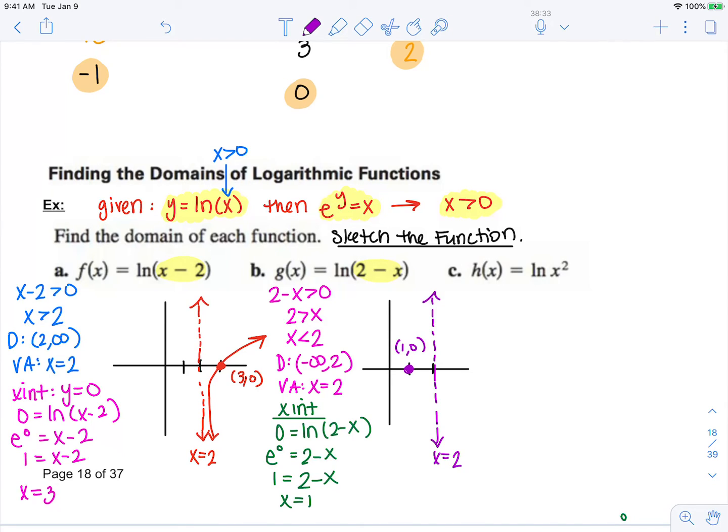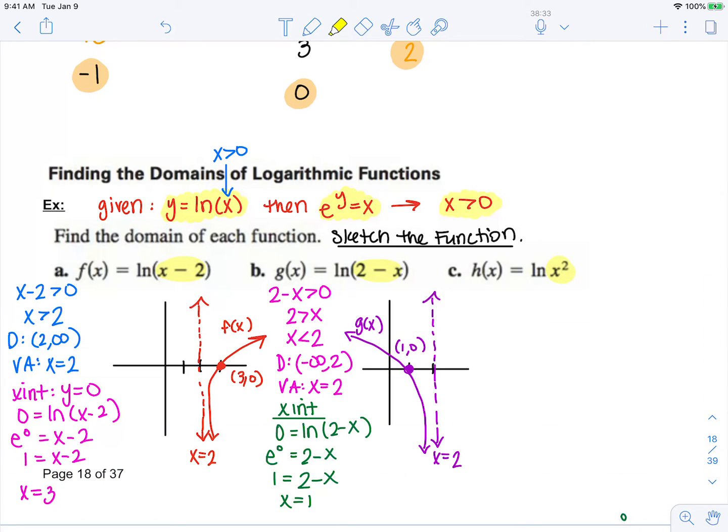Remember, our log functions get really close to our vertical asymptote, go through our x-intercept, and keep growing. I forgot to label this. This is f of x, and this is g of x. So let's get into the same idea here on part C.